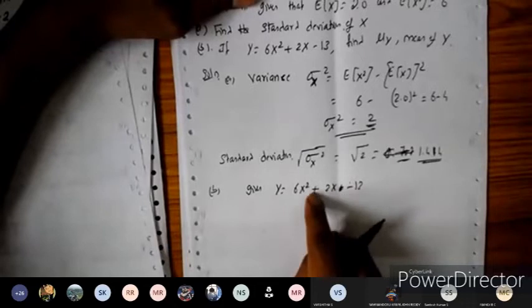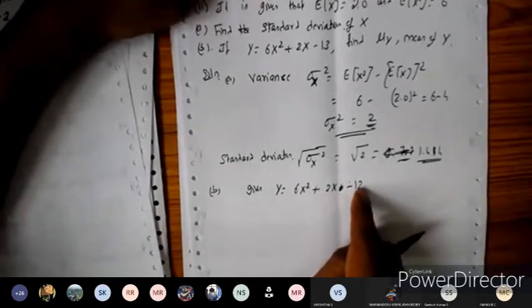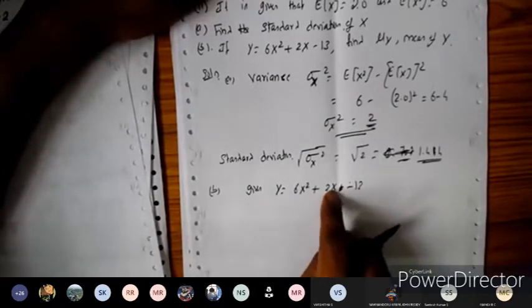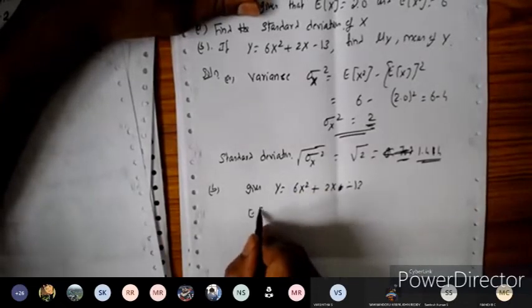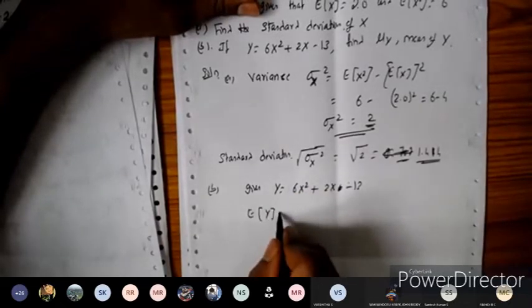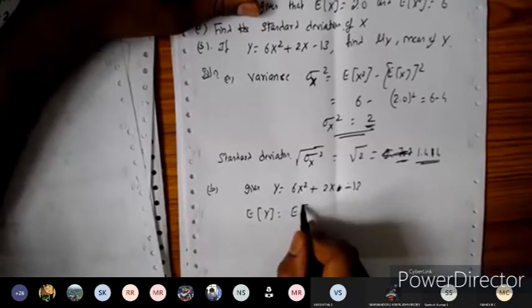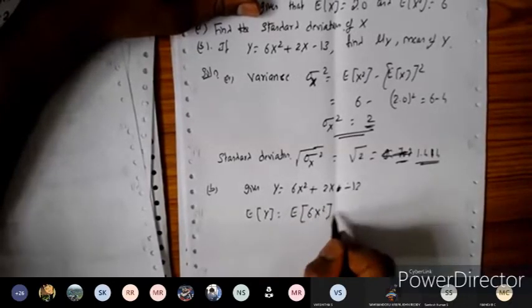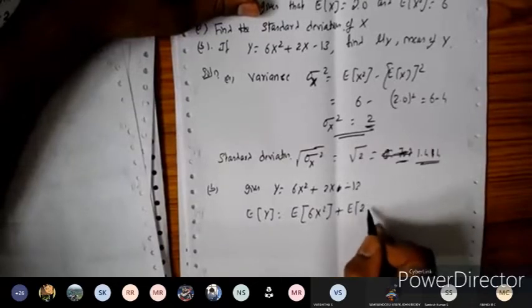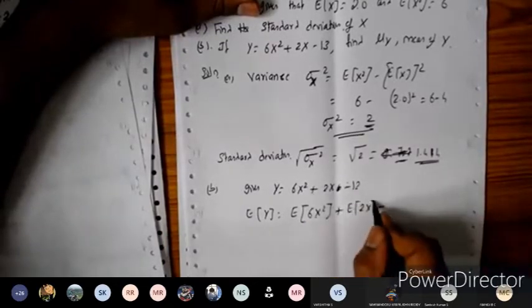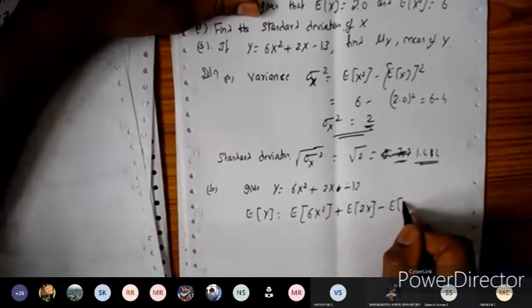The expectation of a constant will remain the constant only, expectation of x will become the mean, and expectation of x square will become the mean square value. So we need to find out the mean here. Expectation of y is equal to expectation of 6 into x square plus expectation of 2 into x minus expectation of 13.